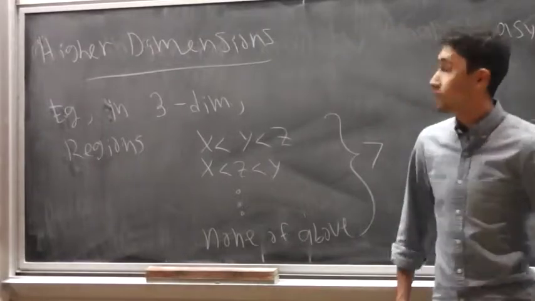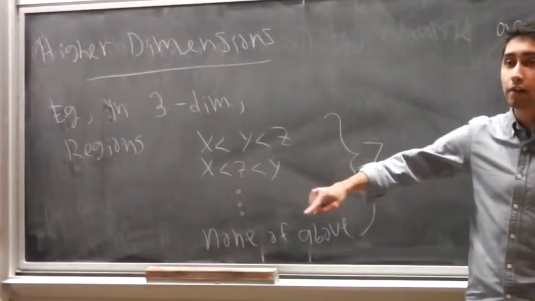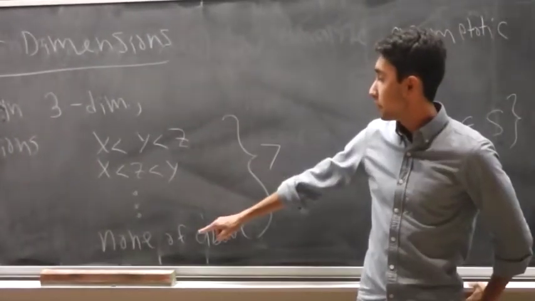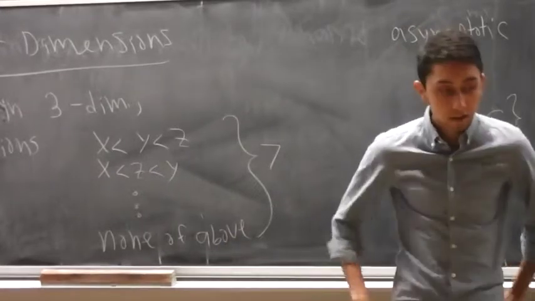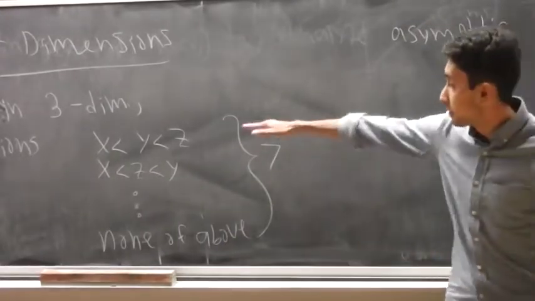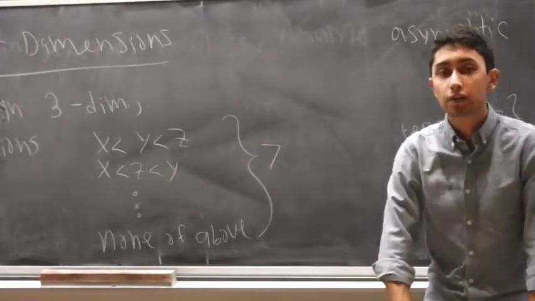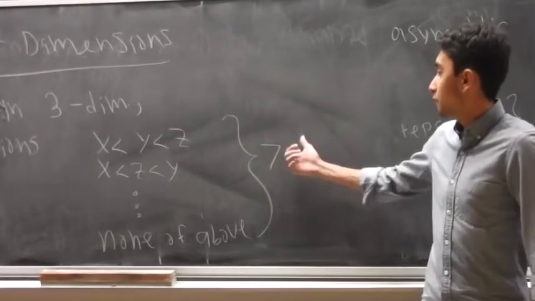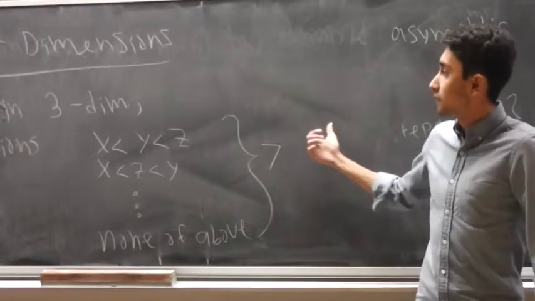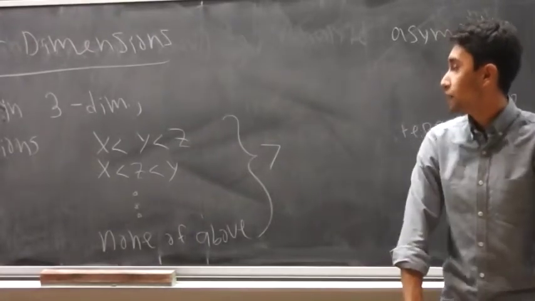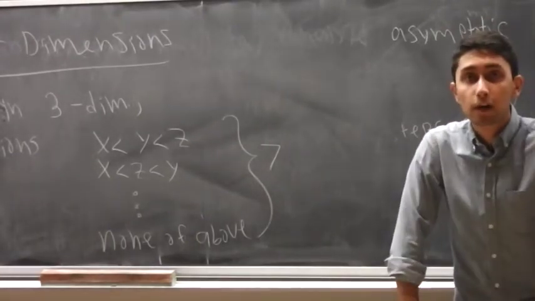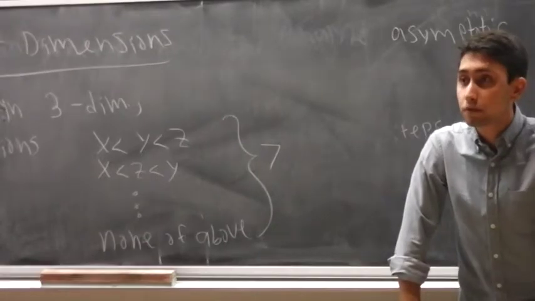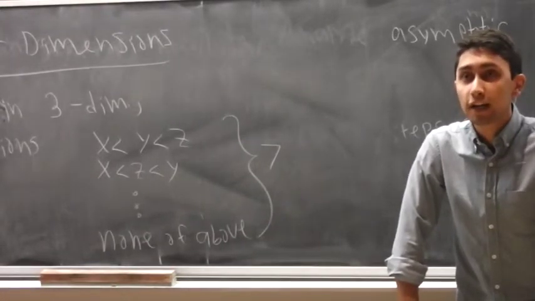So the walk is going around and it visits these 7 different regions. We can ask questions like, what portion of the time is it in the first region, and so on. So in this case, you could come up with your generating function, and there would be 7 different indices, 7 different things to keep track of, and you could find estimates for how distributions of those variables work out.